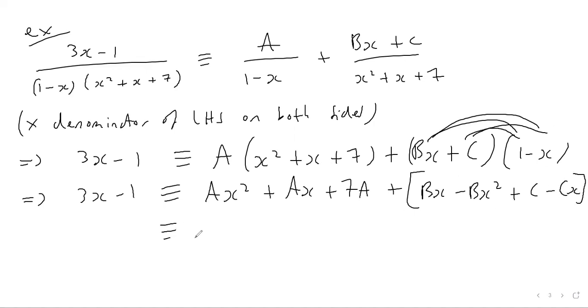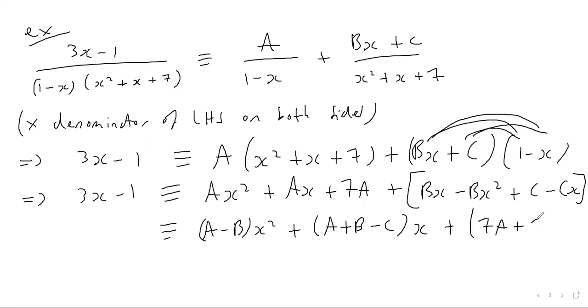You've got Ax squared and subtract Bx squared, which gives us A minus B lots of x squared. Now we've got Ax, Bx, and a negative Cx, so collecting those like terms, we get A plus B take away C lots of x. That's the x dealt with. And then the constant terms, 7A and C, give 7A plus C as our constant number.